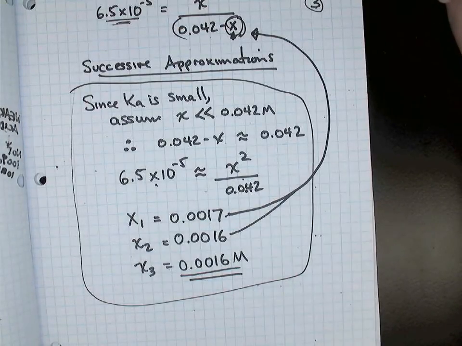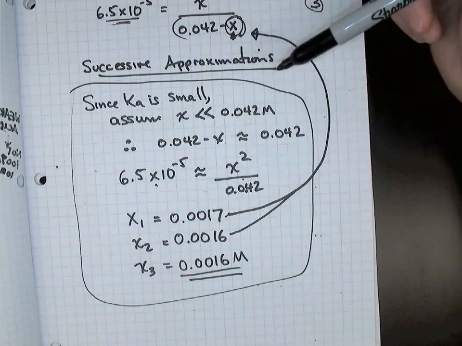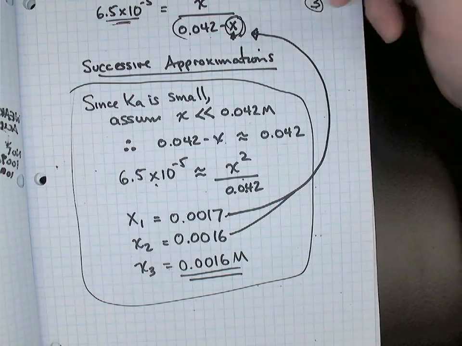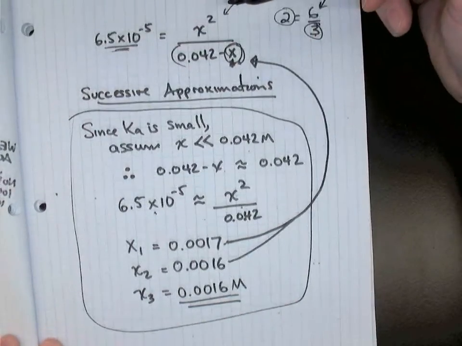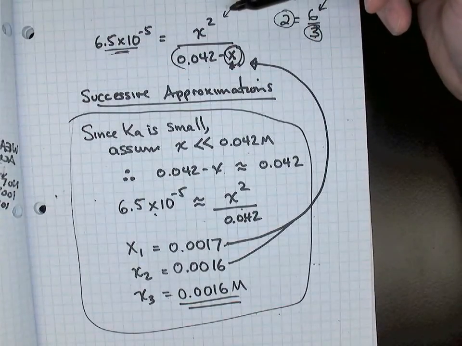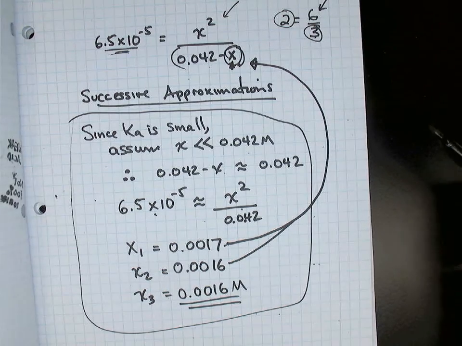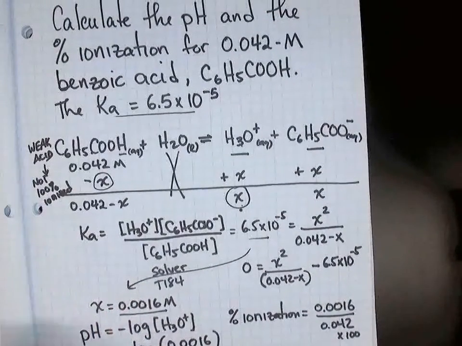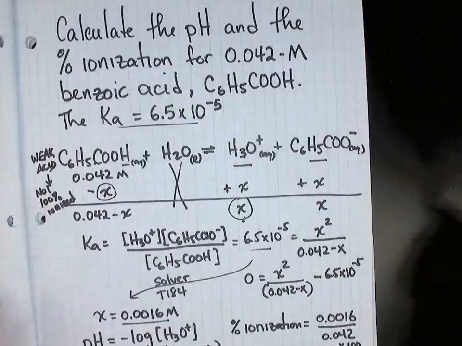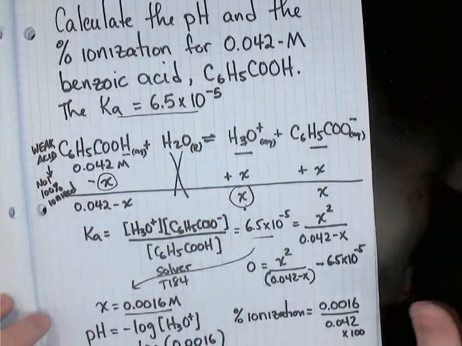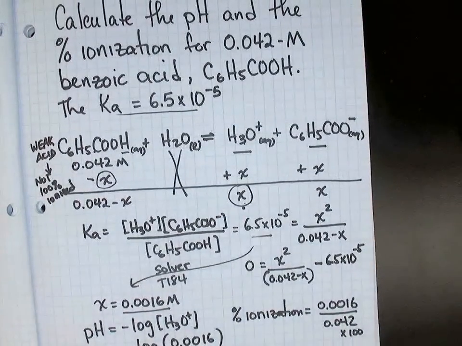And if you don't have a graphing calculator, or if you're going to go to university and study chemistry where they don't allow graphing calculators, this is the way you would solve that quadratic equation without the solver feature on a calculator. So there we have it, a weak acid pH problem and percent ionization solved first with a graphing calculator and then using the method of successive approximations.